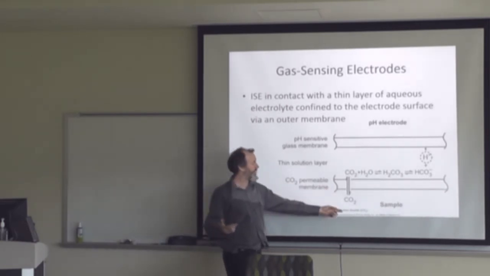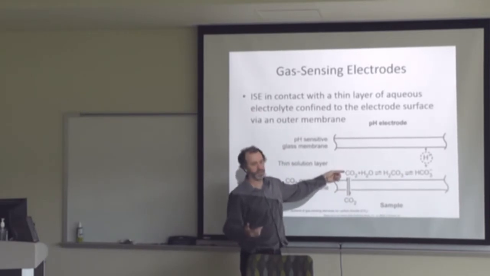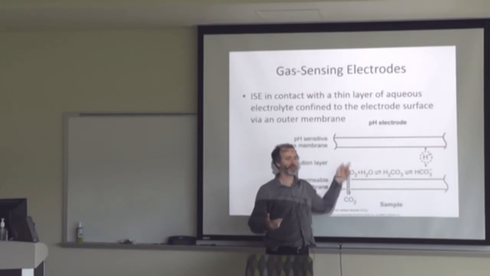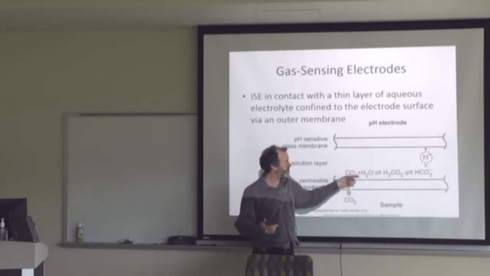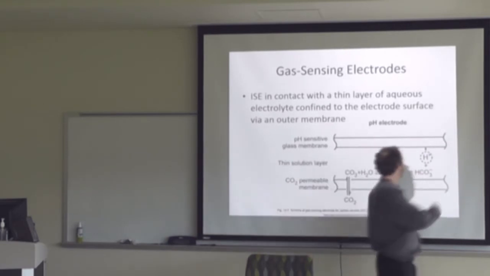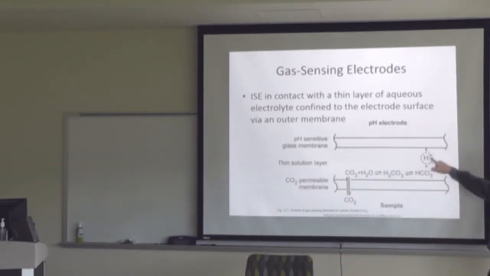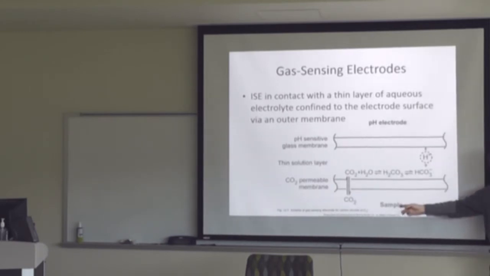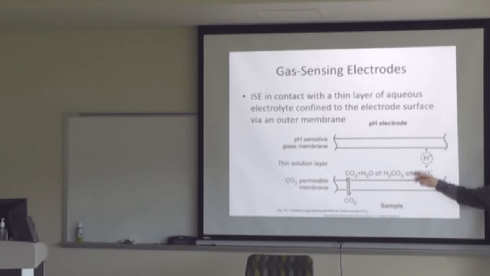Carbon dioxide will go across the gas selective membrane and react with the water in solution there. When it reacts with the water, it produces carbonic acid, which will dissociate into bicarbonate and hydrogen ions, altering the pH of this solution. Then you just use a regular glass electrode to measure the difference. The change in pH is related to the amount of carbon dioxide coming across the gas sensitive electrode.